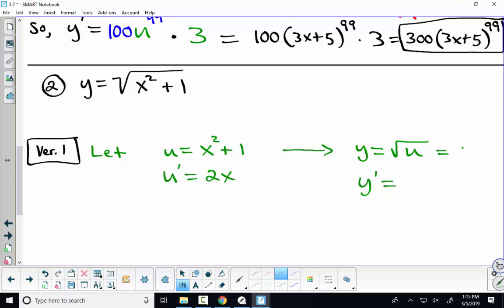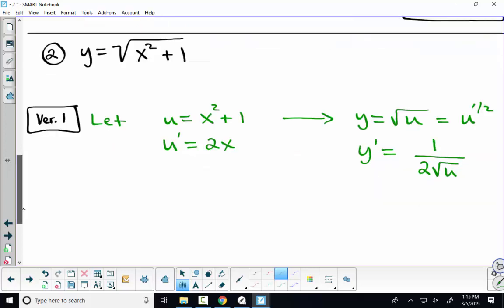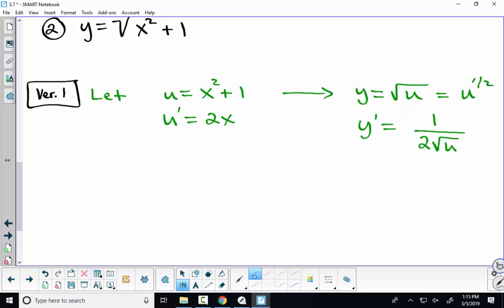So remember roots, we're thinking about that's u to the 1/2 using the power rule to find the derivative. 1 over 2 root u. So then, basically, y prime, and this is where the notation, we should be careful with our notation so it's not misleading. But that's basically what we're doing here.